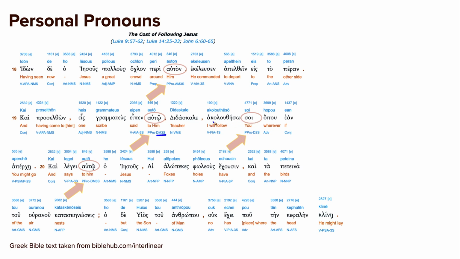So this is one of those verbs, ἀκολουθέω, that is followed by a dative because it's like following to someone, as opposed to English, where we wouldn't say I follow to you, we just say I follow you. So ἀκολουθέω is going to take the dative, which is σοι, σοι. And then he says to him, again, we have αὐτῷ.